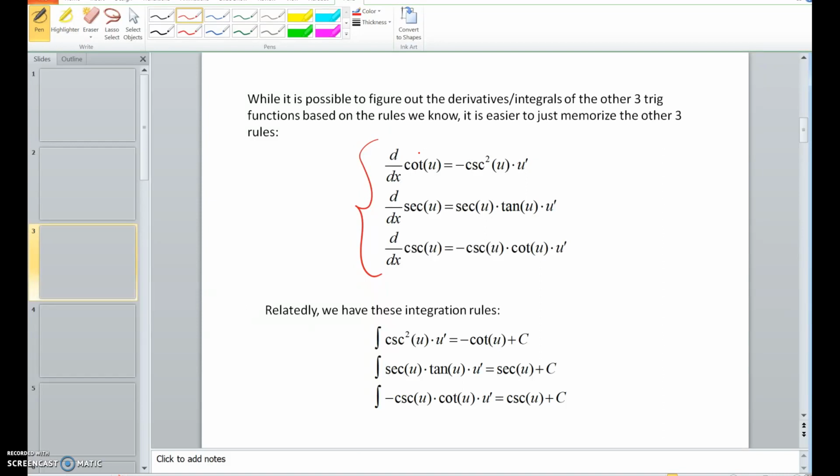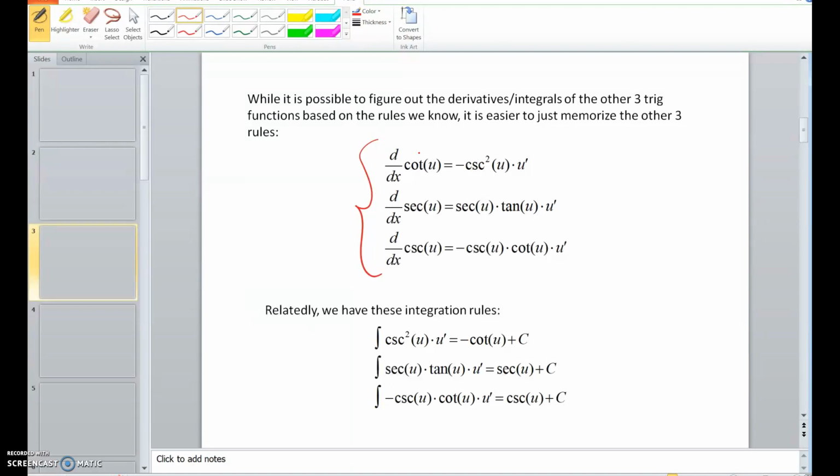If there's a function other than x in secant, so like secant x squared would be secant x squared times tan x squared times 2x. And then cosecant is similar. The derivative of cosecant is negative cosecant cotangent times the derivative inside. The integration rules just work in reverse.